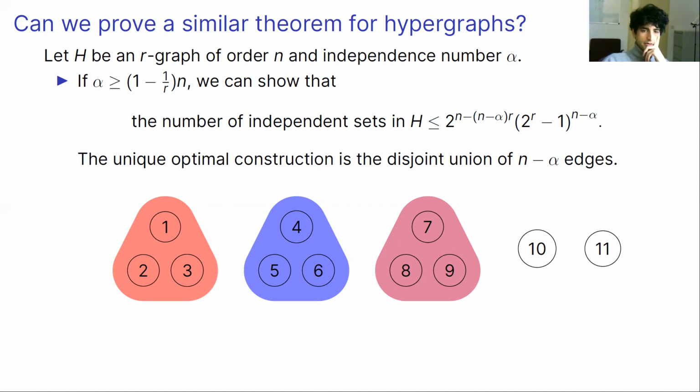It's also non-trivial, because this statement was known for the Turán problem for hypergraphs, that this is the unique hypergraph minimizing the number of edges with this independence number. But the proof is trivial there. But for bounding the total number of independent sets, we have to do more work.